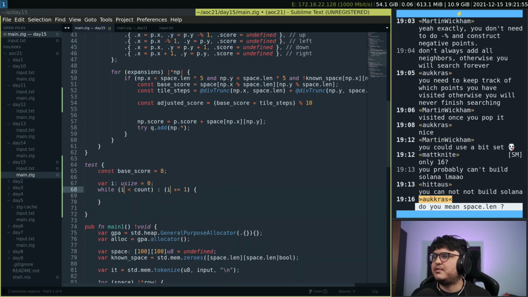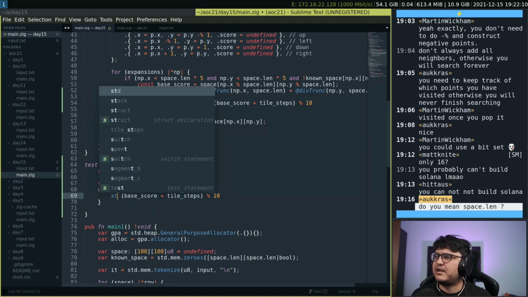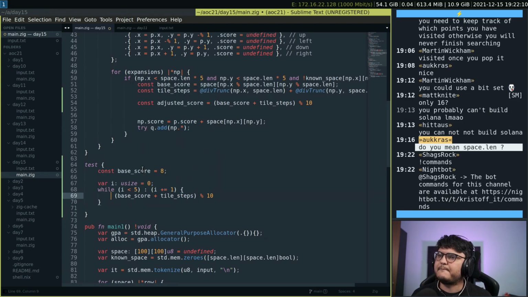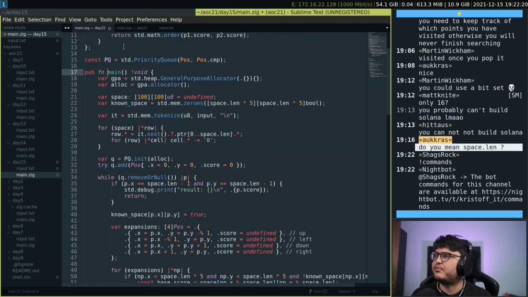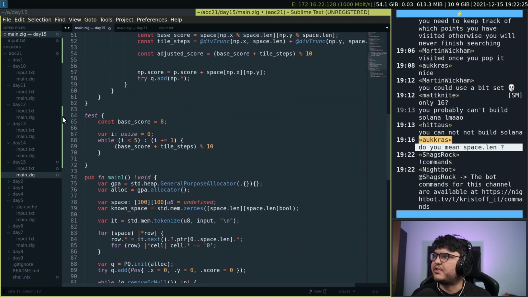While i is lower than, I don't know, let's do 5. We do this. There's also this problem that tests are not super nice for printing output. I just want to print stuff. I don't want a nice test. So never mind. Let me change this to main2. This is going to be momentarily our new main.